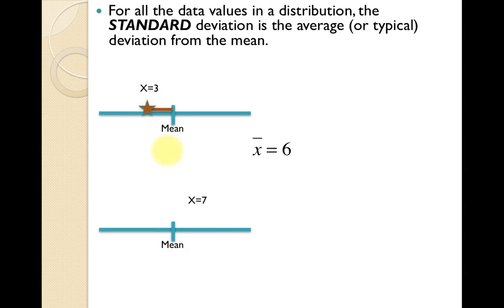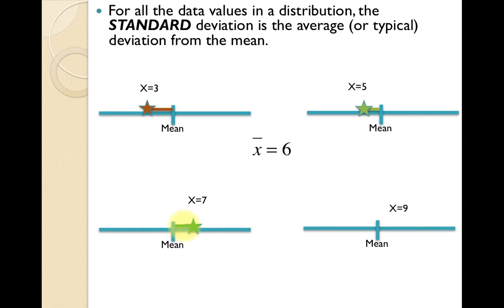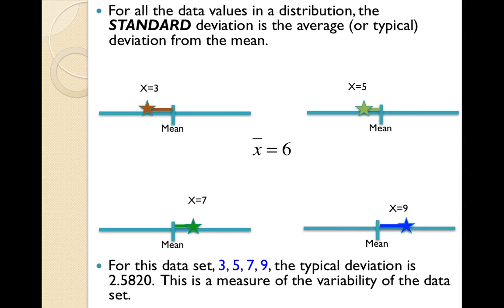If we look at the data value 7, it is on the right side of the mean, with a distance approximated by this. We could do the same for 5 and for 9. Those were the 4 data values in our initial distribution. If we take all of these deviations into consideration, the typical deviation came out to be 2.5820.